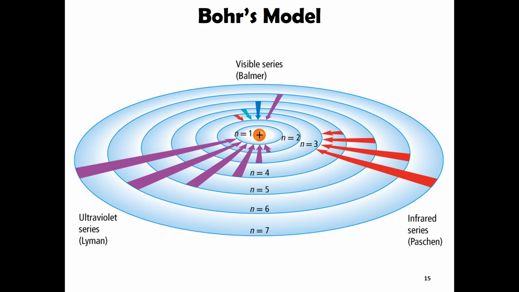For example, this is a hydrogen atom. Usually, the electron is only in 1s because a hydrogen atom only has one electron. But if you were to bump up the electron into higher energy levels, when it falls back down to a lower energy level, it'll give off a type of light.